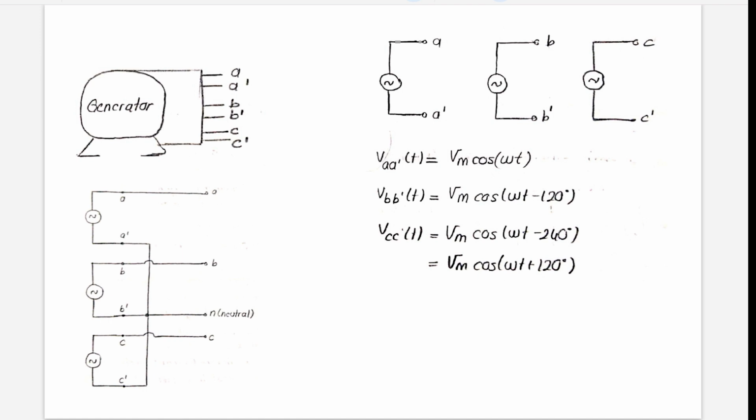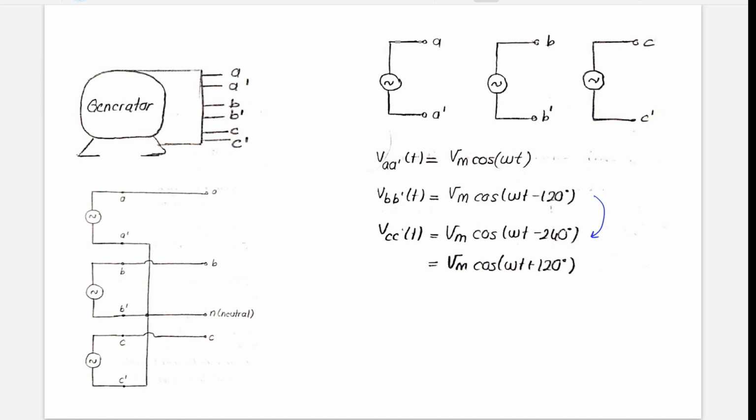we will go 120 degrees in the clockwise direction, and to get VCC prime, we will go another 120 degrees in the clockwise direction.